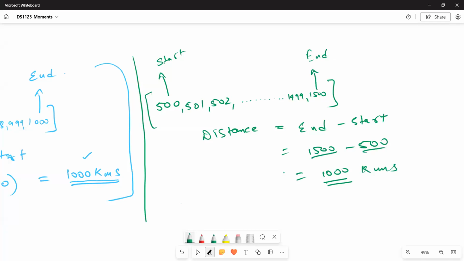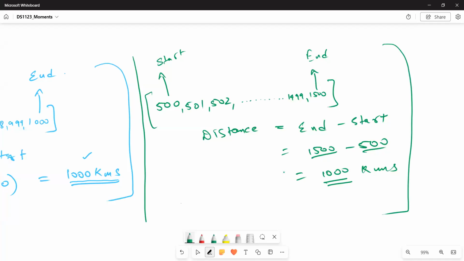Instead of starting from 0, I'll start counting from 500. That will not change the physical distance between two cities. Do you agree to this? I can start counting from any number. I'll simply subtract the starting point from the end point to get the final calculation. You can simply raise your hands if you agree to this.